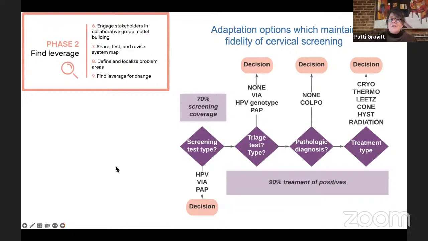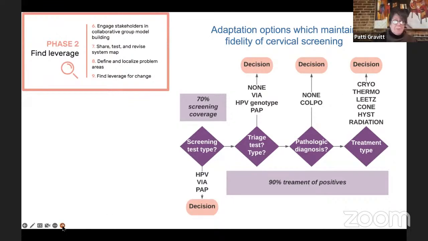With the shared visualization of what was really happening in the system, the stakeholders sat together and said, okay, we've got an evidence base coming from the WHO, which says you've got multiple options for screening to reach a 70% coverage goal, and whether you triage after a screen positive, or you directly send them to colposcopic or pathologic diagnosis for precancer, or you just immediately treat. And you can see that there are lots of decision points along here.